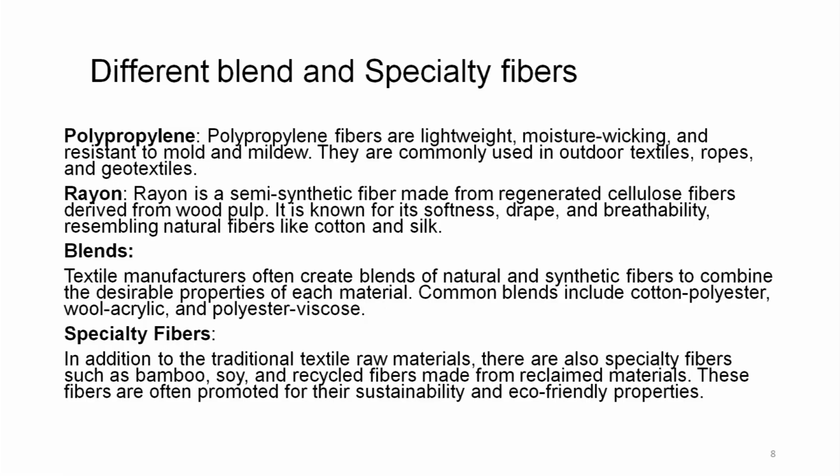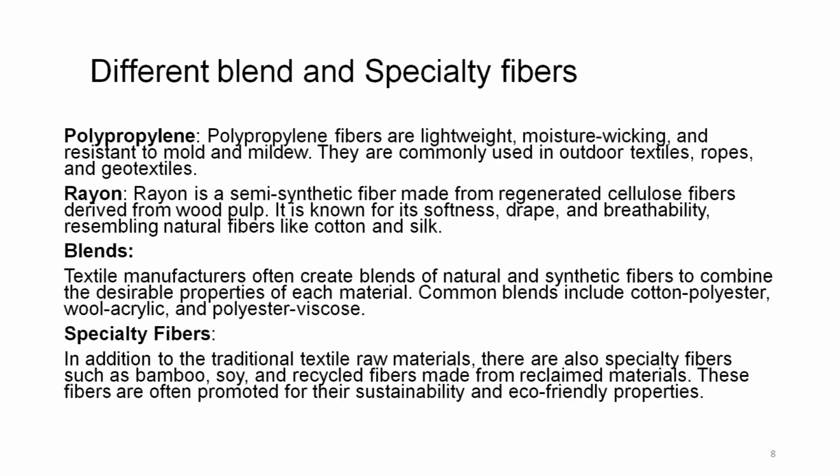Blends. Textile manufacturers often create blends of natural and synthetic fibers to get the desirable properties of each of these materials. Common blends include cotton polyester, wool acrylic or polyester viscose.